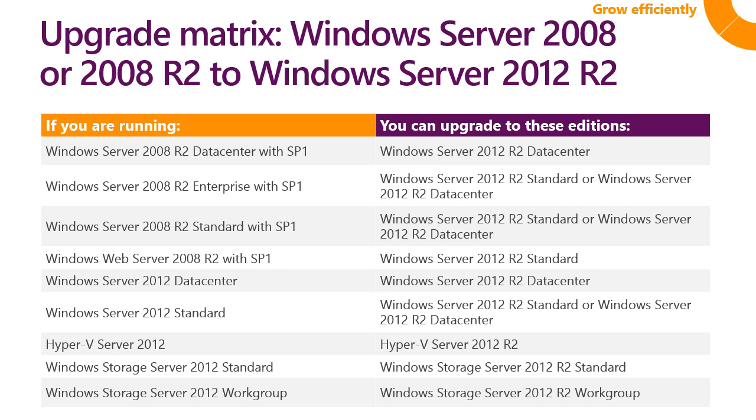Someone running an old version of Enterprise can move to Standard, because, as I mentioned, the enterprise capabilities from network load balancing and failover clustering are now also included as part of the Windows Server Standard product. And old editions of Windows Server Standard can be moved up to Standard or Datacenter in the 2012 R2 world. Some of the more specialized ones, such as Web Server, need to be upgraded to Standard.